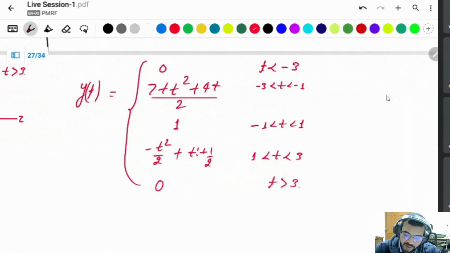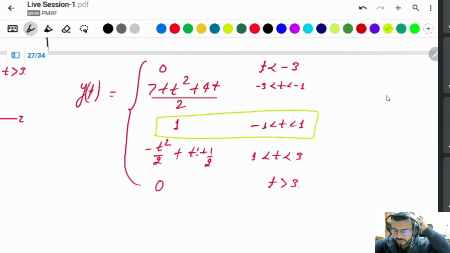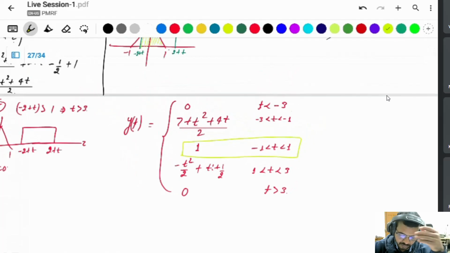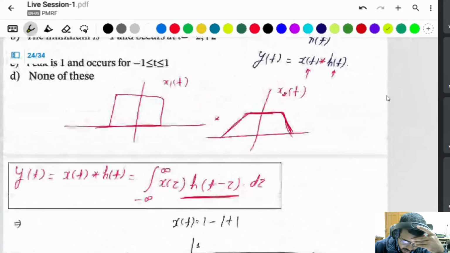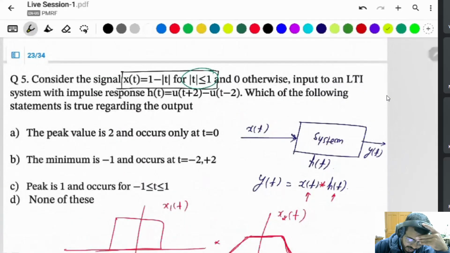The peak value occurs only at this position, 1, from minus 1 to 1. In the question you can see here, the peak is 1 and occurs for minus 1 to 1.